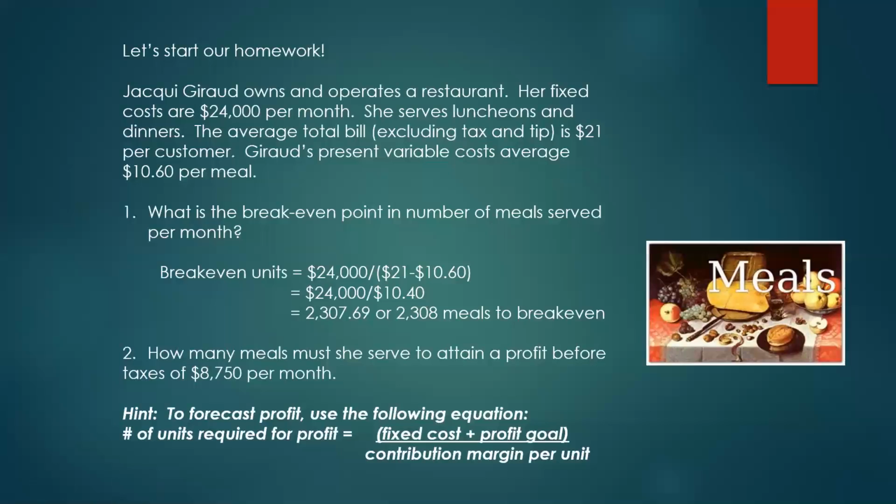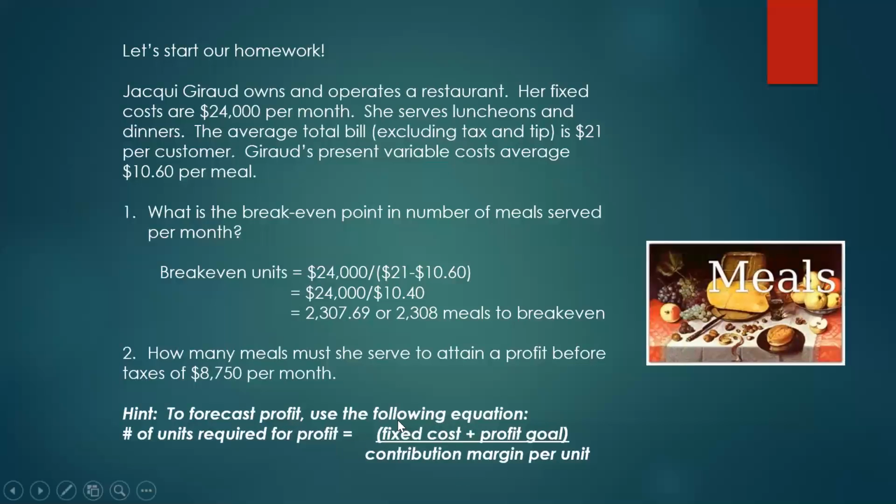She wants a profit of $8,750 a month. So she's asking you, what does my volume have to be? How can we adjust the break-even equation to accommodate a profit goal? Well, let's look down here. Hint: to forecast profit, use the following equation.